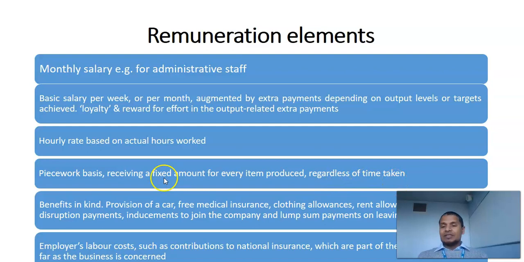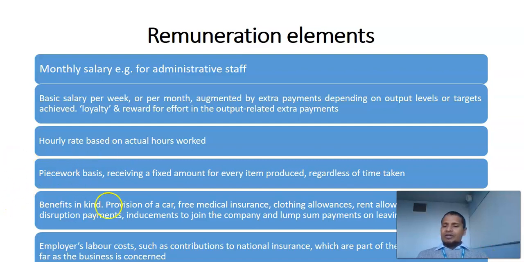So how many pieces you produce, it doesn't matter how much time you take. If you produce one piece in 1 hour, 2 hours or 3 hours, you'll get the same payment for that piece. So it doesn't depend on time, it depends on the output that you produced.